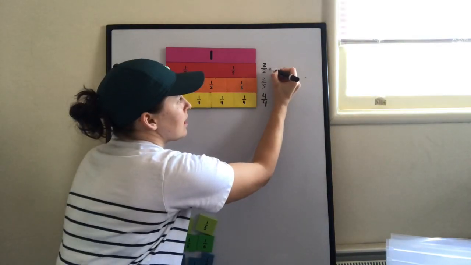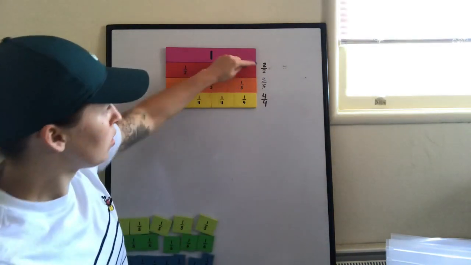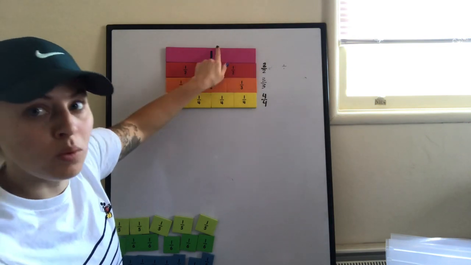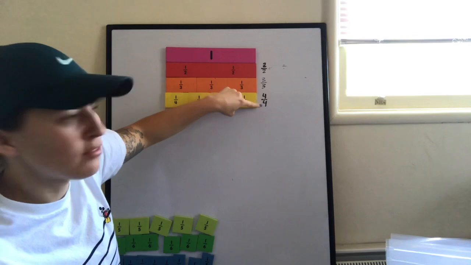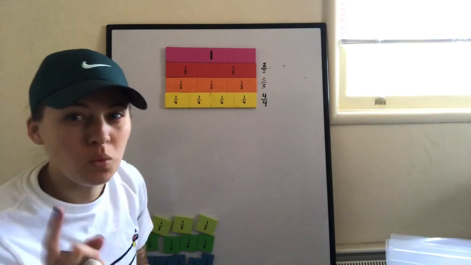Because remember what that line means? That line is division. What's 2 divided by 2? 1. What's 3 divided by 3? 1. What's 4 divided by 4? 1. It's all the same as one whole.